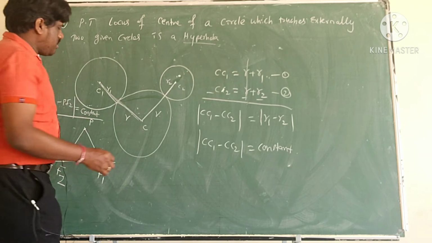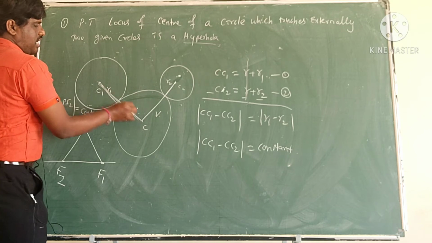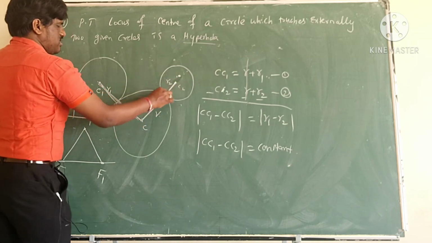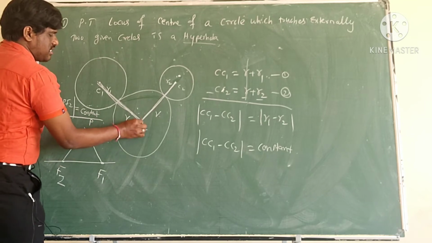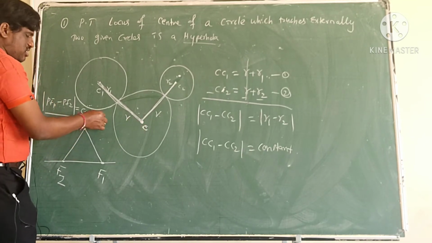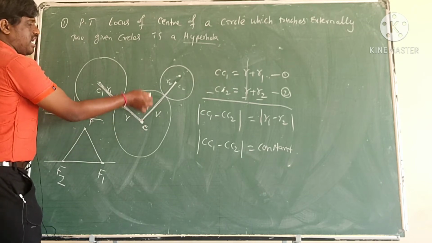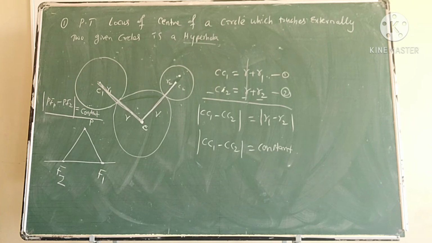So you can see that the difference of C1 and C2, the difference of these both, is a constant. It means this is the P point, and the locus of the point is C. The fixed points are C1 and C2, like F1 and F2.